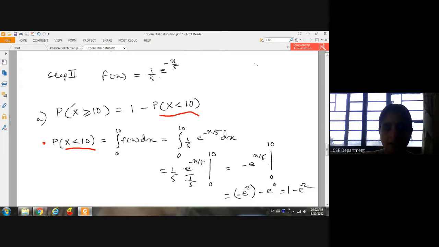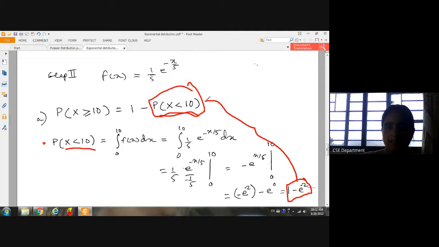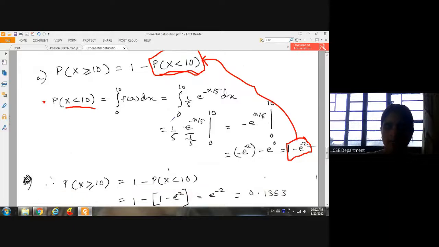So they have asked the probability X is more than 10. Whatever we calculated here, we have to substitute in this box. Let us substitute that.